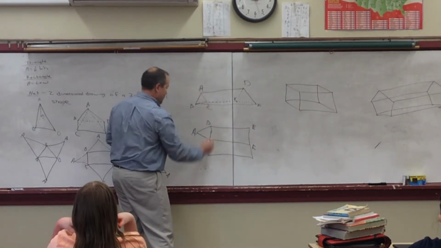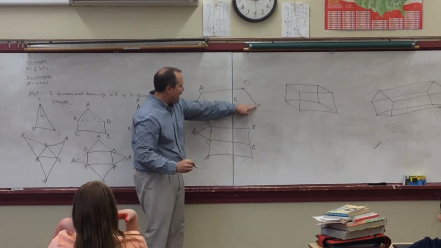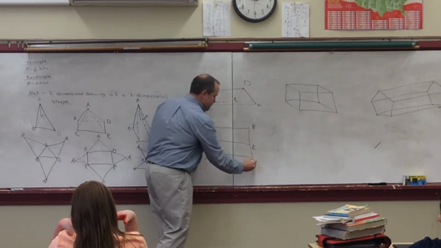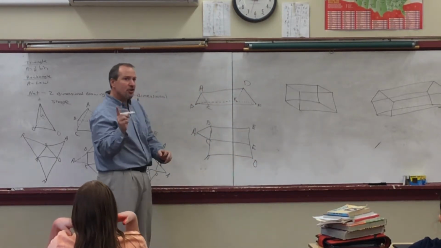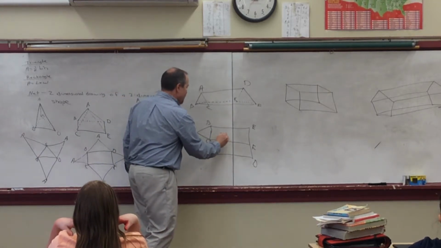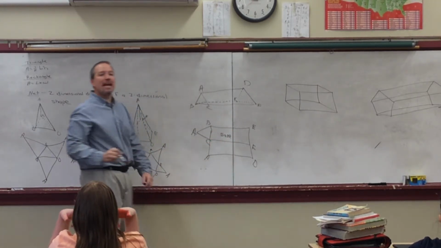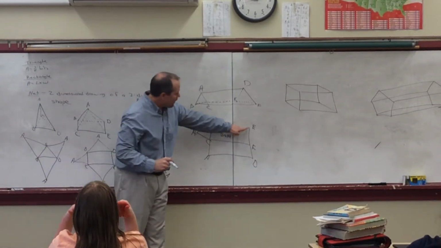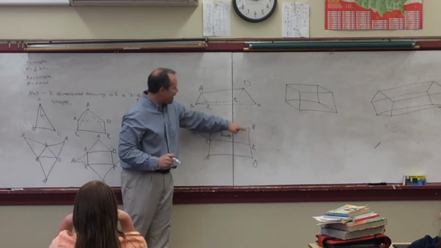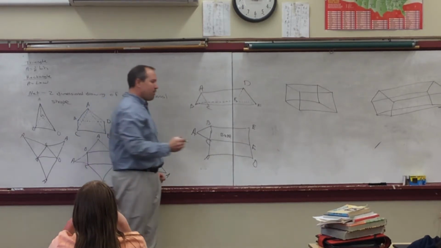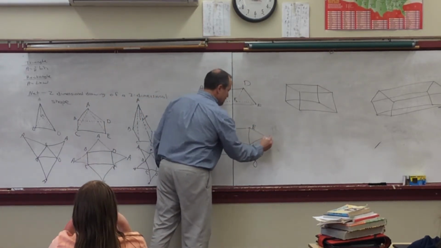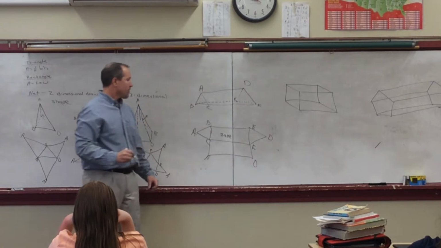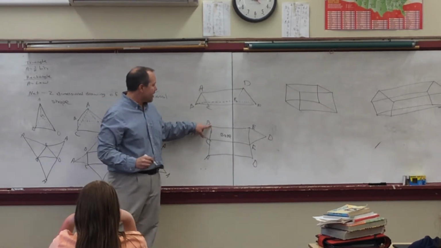A. And what goes with F? D. Now, something you could do, so you don't get lost, is label it the base. Okay? Now, what lateral face goes with side EF? What shape? Triangle. What face goes with side BE?